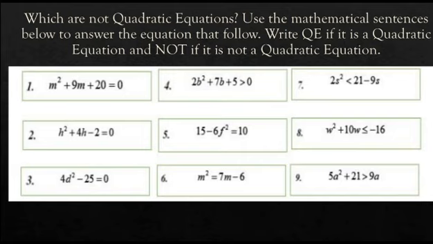And since it is an equation, it must be using an equal sign. So our question here, which are not quadratic equations? I'll give you 10 seconds to determine which of these 9 mathematical sentences are not quadratic equation.